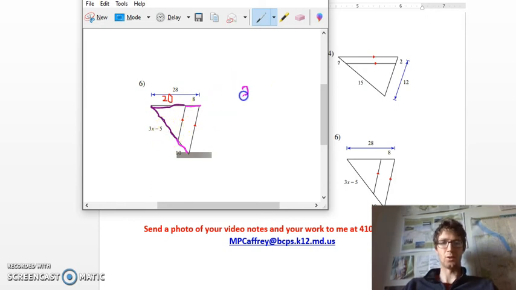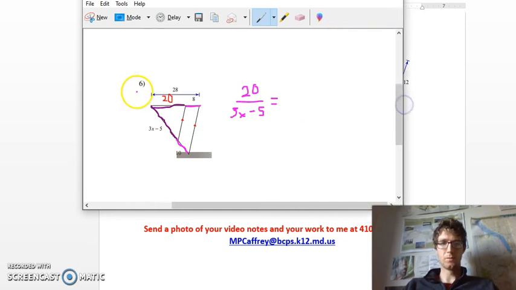So we're just going to say 20 over 3x minus 5 is equal to, we did this over this, so now we got to do 8 over 10 is equal to 8 over 10.